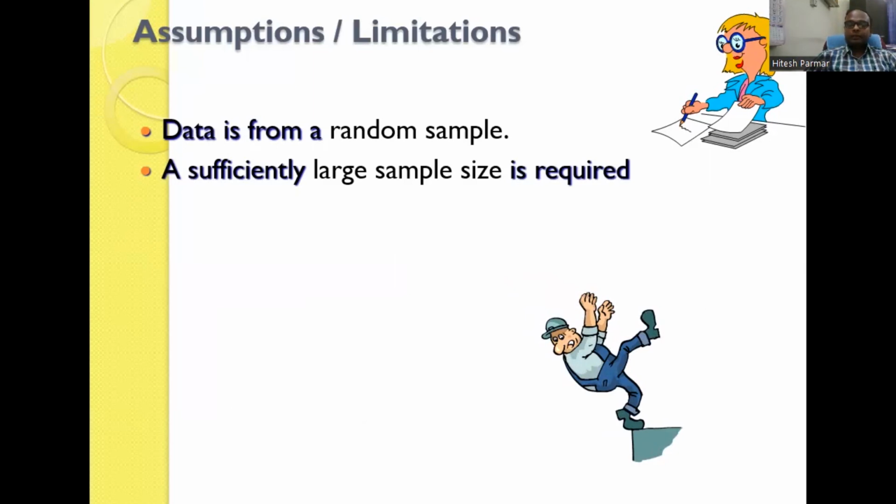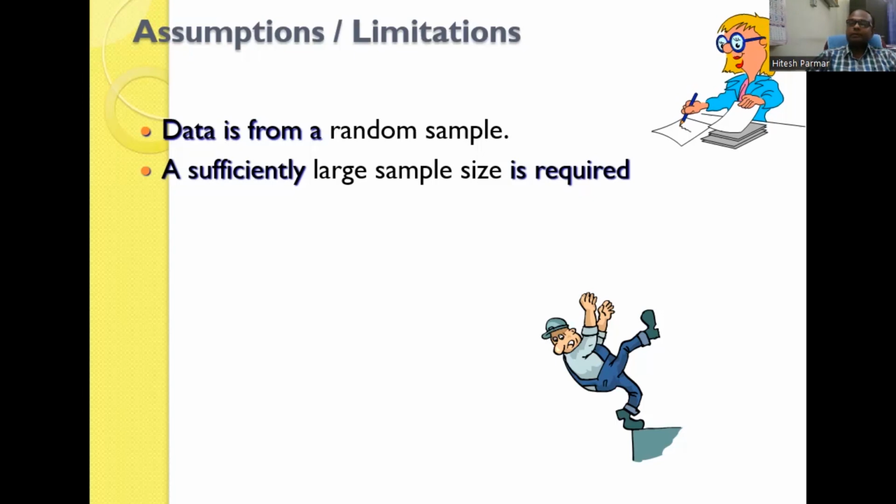Because we are utilizing this test for association between categorical variables, within these categories also, if the sample size is sufficiently large, then the small categories or subcategories will also be represented with sufficient sample size.